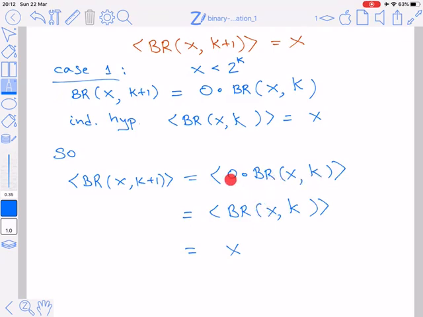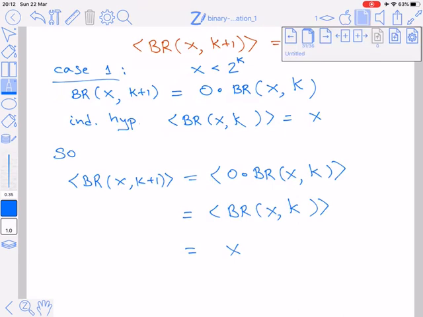We know that this 0 does not influence the number because this is a leading 0. So here we're using the fact that a leading 0 does not change the value that a string represents. Now we apply the induction hypothesis. We know that this number equals x, and that completes the first case.